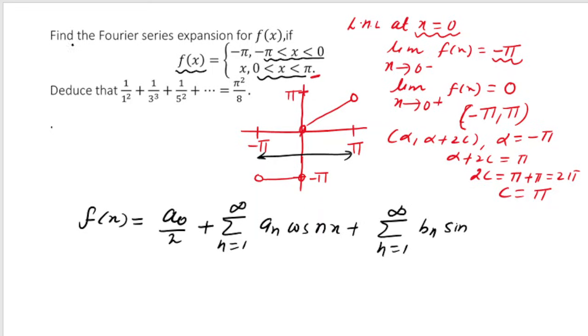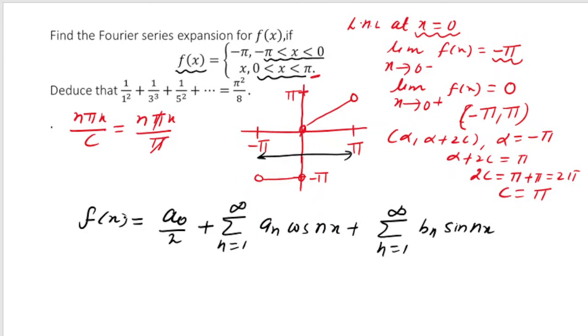I hope you understand this term, n pi x by c. Here c is pi, so it will be n pi x by pi, which gives just b n sin nx. Whatever I have written here with the red ink, if you do not write it in the exam or anywhere, it will not make much difference. This part I have written for you to understand.